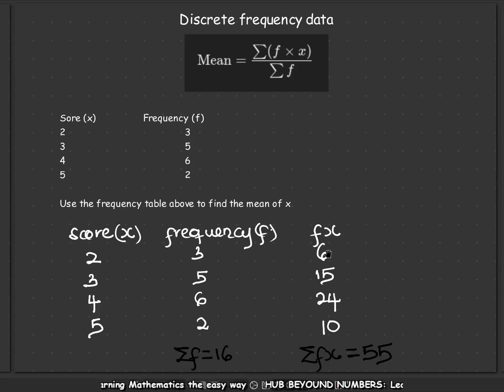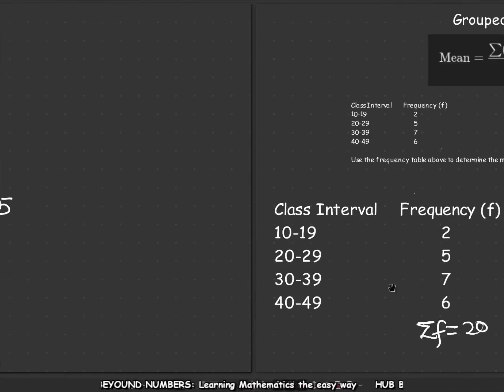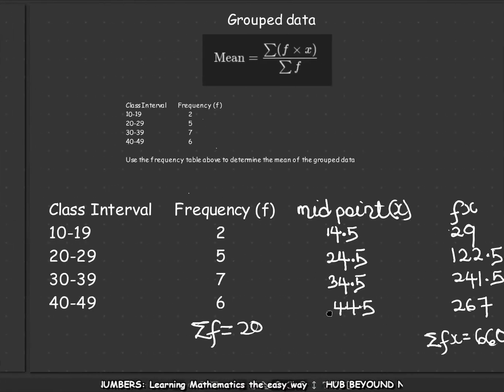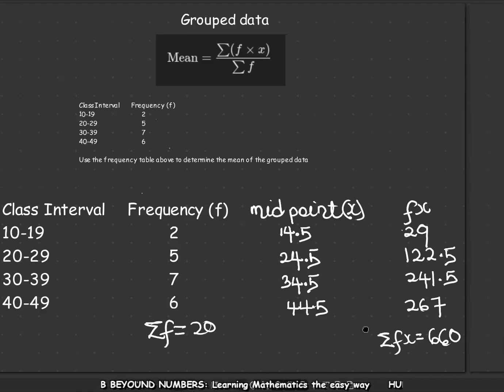You multiply all the x values by their corresponding frequencies, then find their totals over here. Use this formula and you are good to go. Then the very last one, which we just did, that is for group data. You would have to look for your own midpoint. You see, so after you get your midpoint, you just follow that of the discrete values.